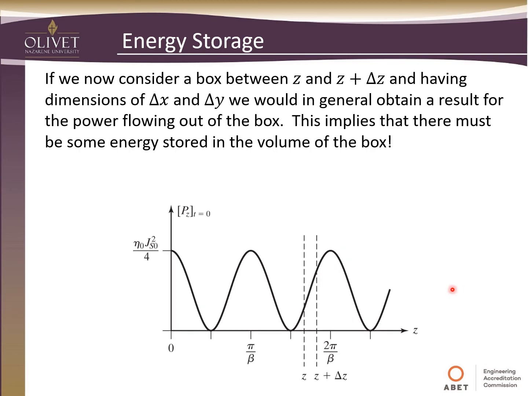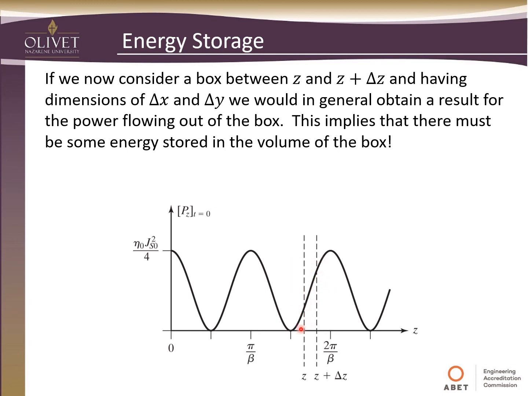If we now consider a box between this arbitrary position z and z plus delta z, having the same dimensions in the xy plane of delta x, delta y, we would in general attain a result for the power flowing out of this box. This implies that there must be some energy stored in the volume of this box to make power flow.